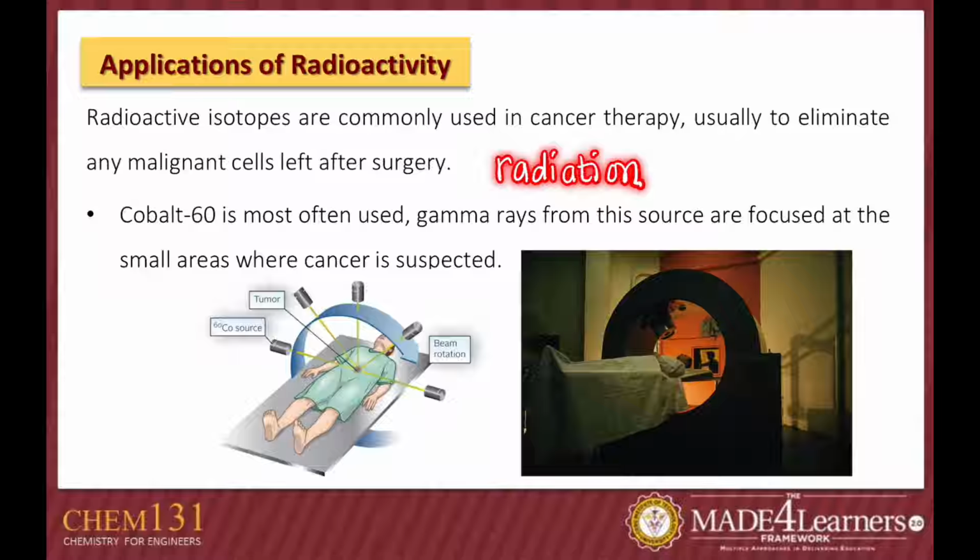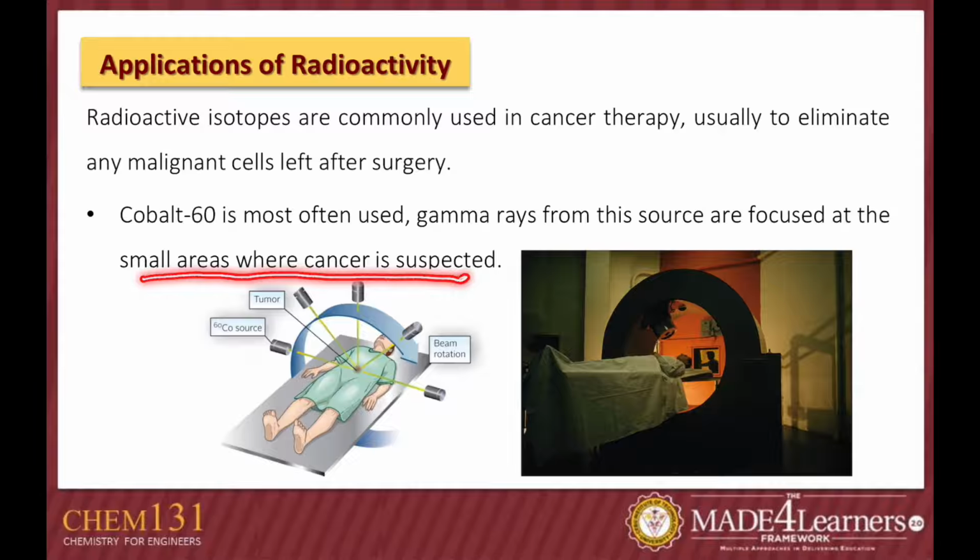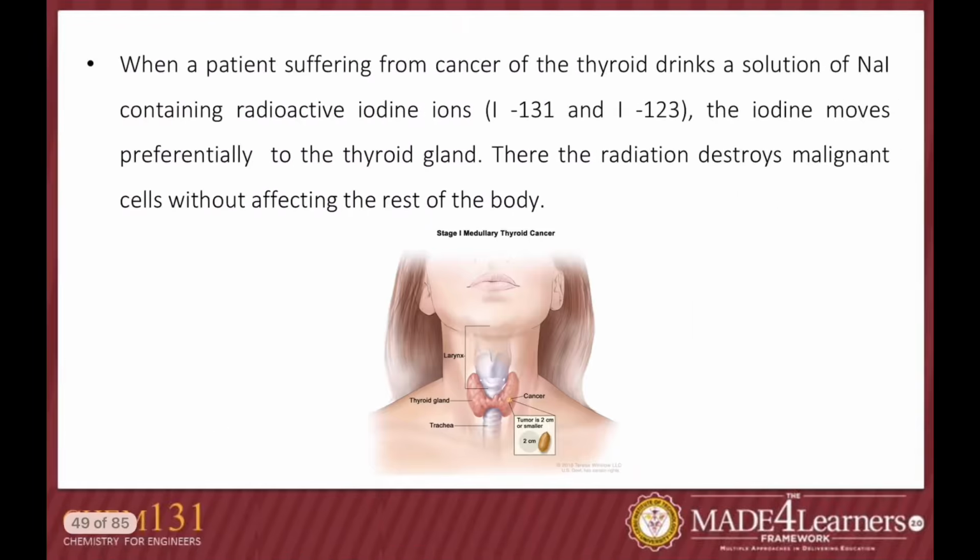Cobalt-60 is most often used. Gamma rays from this source are focused at the small areas where cancer is suspected. So the rays hit the target, the tumor, and can eliminate the malignant cells.